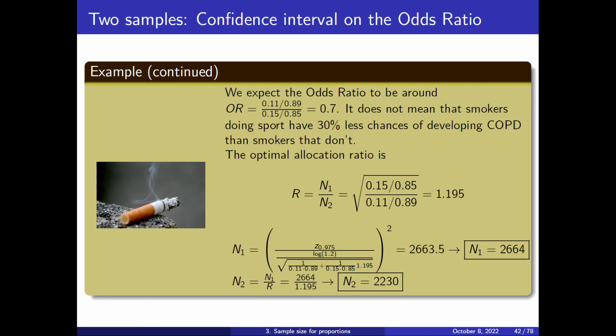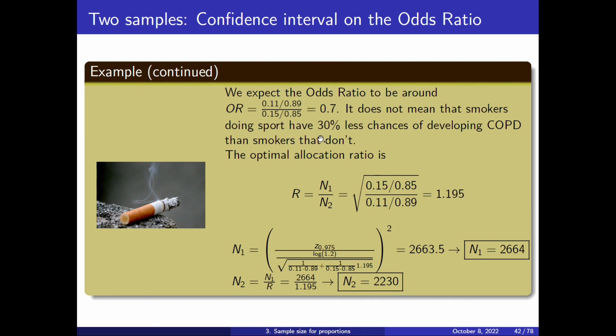In this case, the odds ratio is around 0.7. You may recognize this is P1, 1 minus P1, P2, 1 minus P2, and this odds ratio doesn't mean that smokers doing sport have 30% less chance of developing the disease.